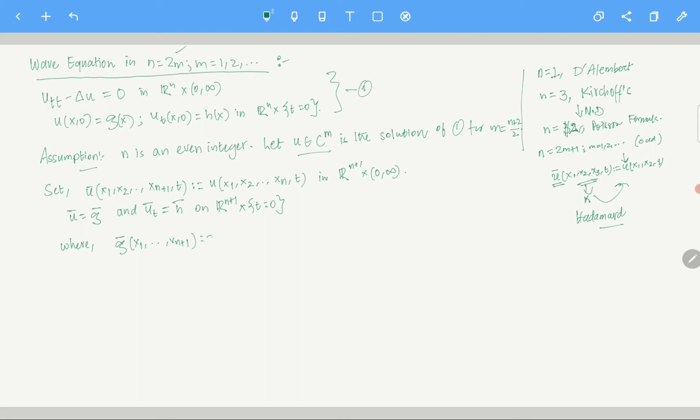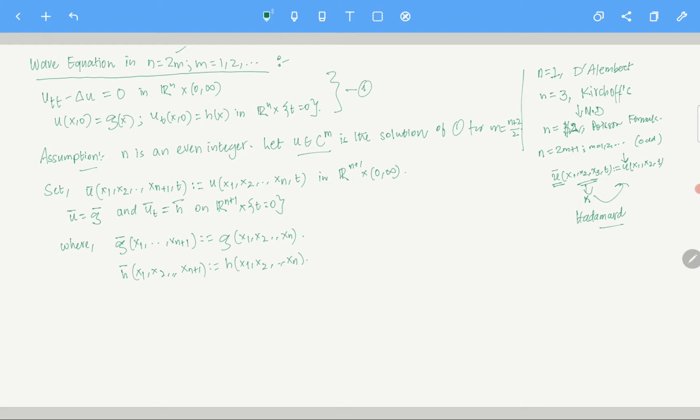Xn plus 1 is given by g of x1, x2, ..., xn, and h bar of x1, ..., x_(n+1) is defined by h of x1, ..., xn. So you see, we know already what u is. g and h are given to us. We are defining a new capital U bar, G bar and H bar using u, g and h.